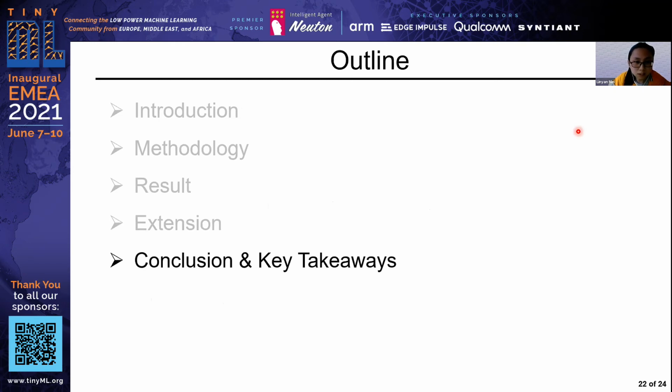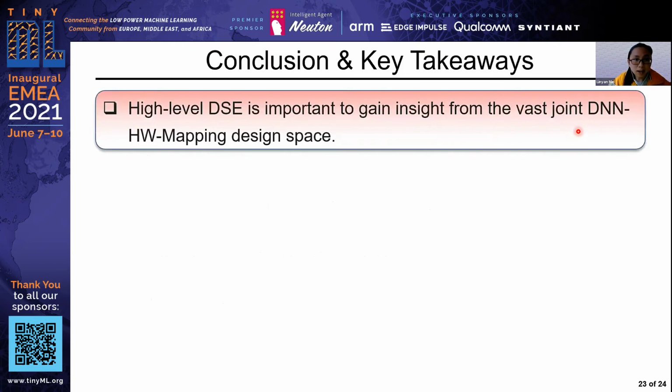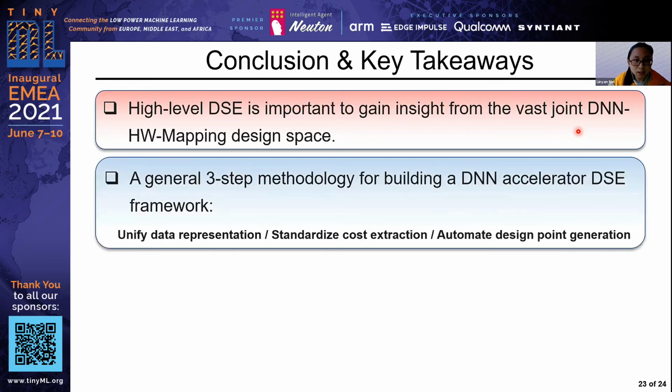So the conclusion and key takeaway: high-level design space exploration is important to gain insight from the vast joint DNN, hardware, and mapping design space. A general three-step methodology for building such a DNN accelerator design space exploration framework is that firstly, you need to unify the data representation to cover all the information, then standardize the cost extraction based on such a representation, and the third step is to automate the design point generation.